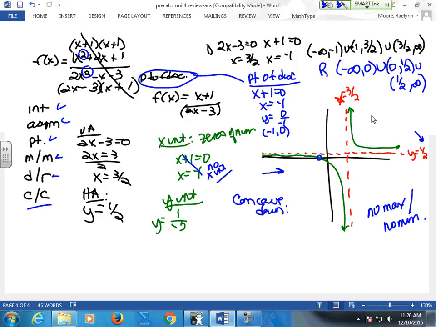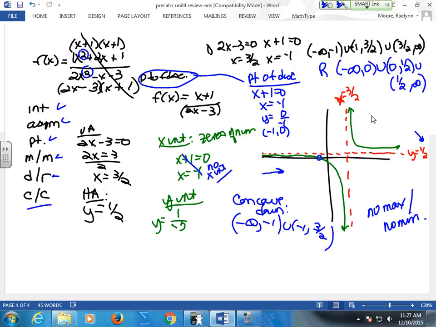As I concave down, I got to jump over this point. So from negative infinity to what x value? Negative 1. Then I'm going to jump over the negative 1, and I'm going to hit this wall right here. What value of x? 3 halves, or 1.5.